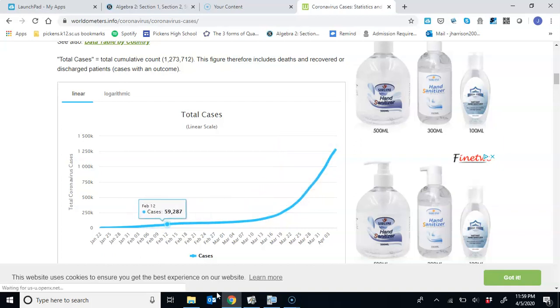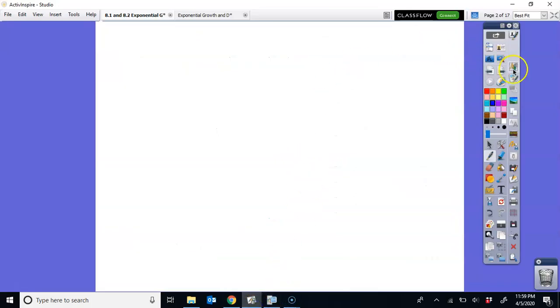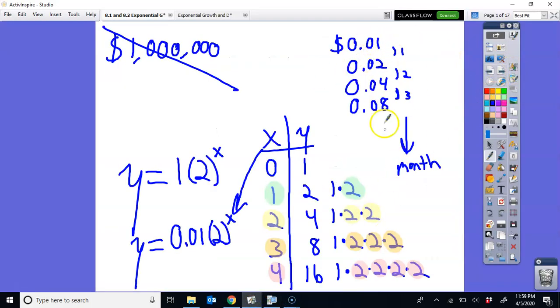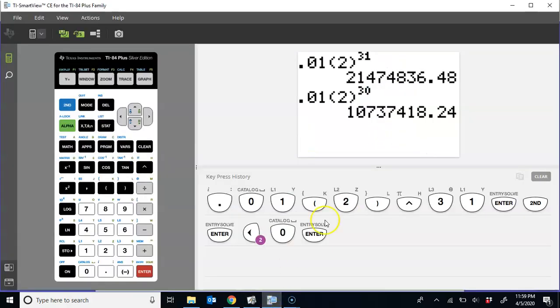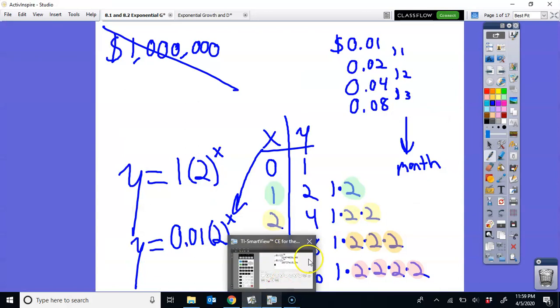And you can see that it follows this pattern: very slowly at first, but then it jumps up really quickly. Just like what we noticed with our money, if we were doing 1 cent the first day, 2 cents the second, 4 cents, 8, but then it jumps up to $21 million. So this is exponential growth.